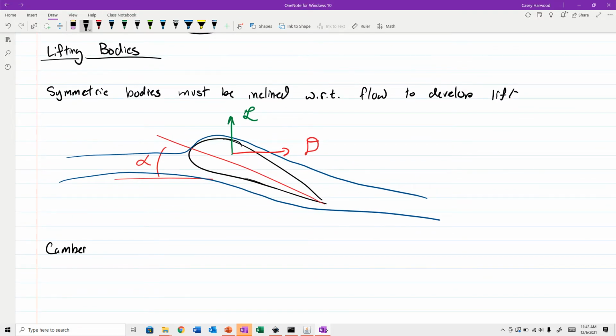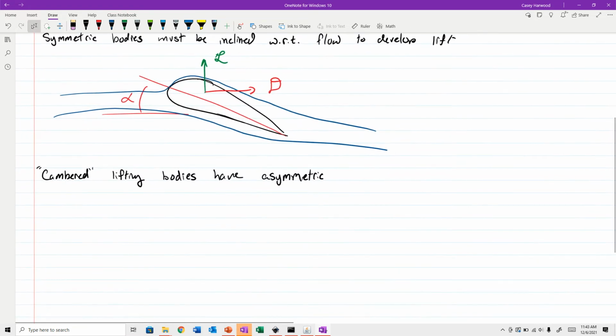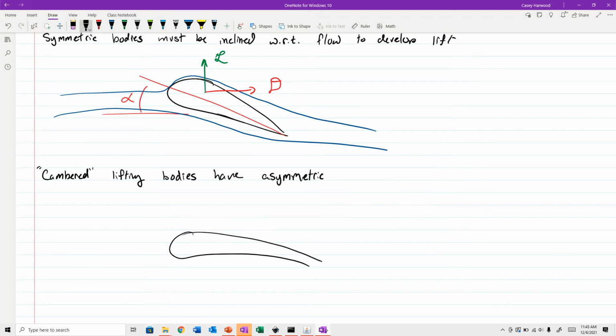What are called cambered lifting bodies are asymmetric on their own, meaning that they don't require this inclination in order to have some asymmetry. And what they'll look like is something like this.